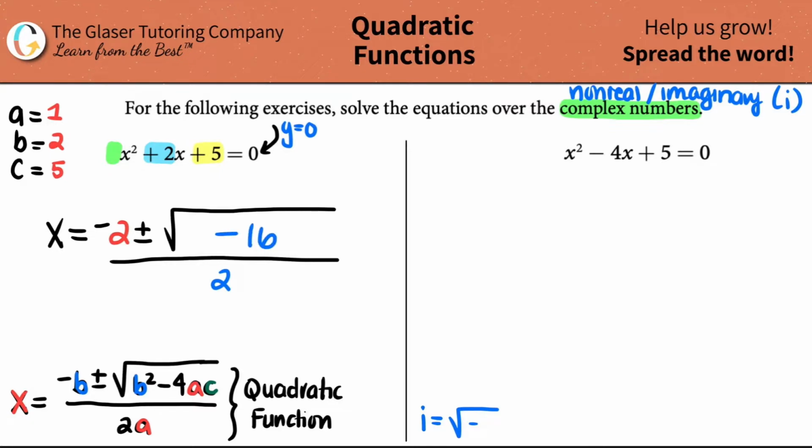Okay, so now where do we go from here? Once you simplify everything and you only have one number under the radical, you can't really do much more with it. You work with the radical. So now you're going to be doing the square root of negative 16. But what is the square root of negative 16?